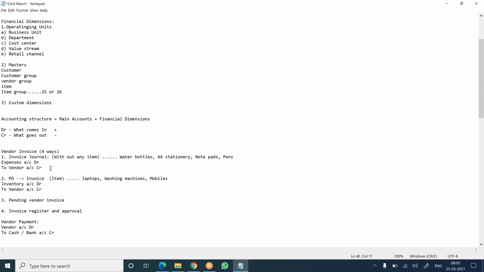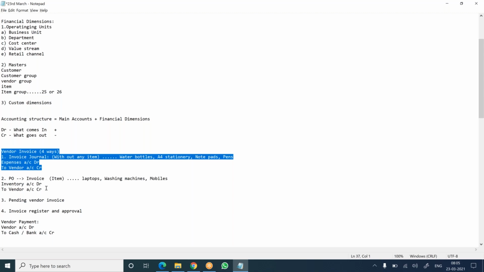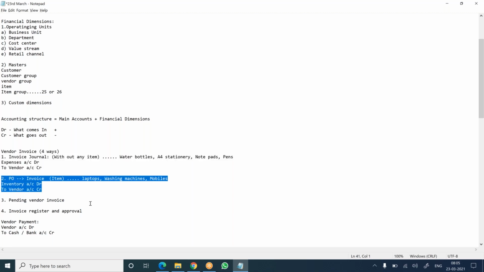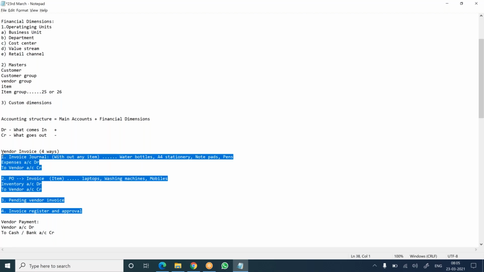Currently you have learned this one, and in T&L people are learning this one. But I need to explain why 4 different ways are available in the system and what the purpose is. Then you can understand that these are the 4 different ways we can do an invoice. Okay, thank you, got it.